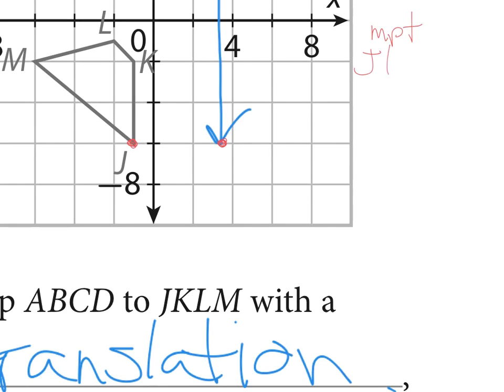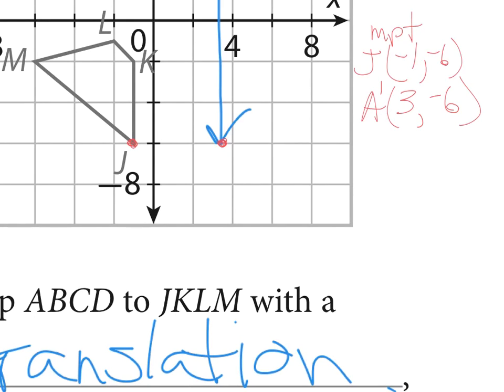of the point J, which is at (-1, -6), and A, or A prime if you will, after that first translation, which is at (3, -6).